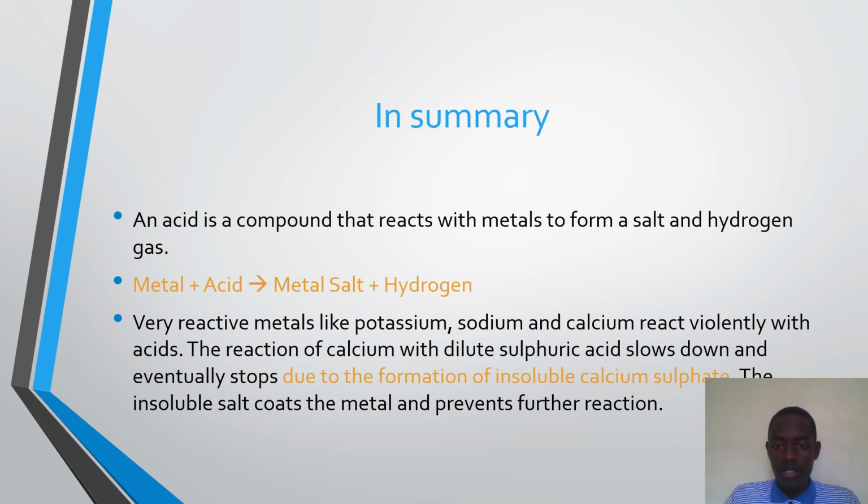Now the reactions of acids with metals vary. They are different from how these acids react with carbonates and hydrogen carbonates. In both cases there is a production of a gas.